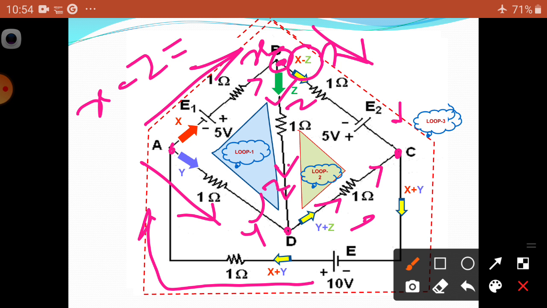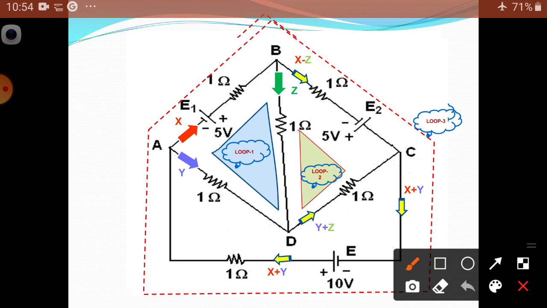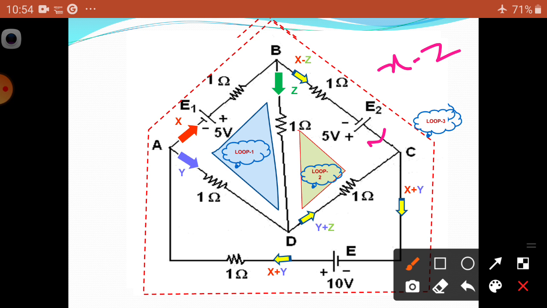What is the current here? Here the current coming is X minus Z. What is the current here? X minus, okay, leave it. Now here, what is the current coming? The current coming is X minus Z. Some of the current is coming here, and this one is plus Y plus Z, two currents.